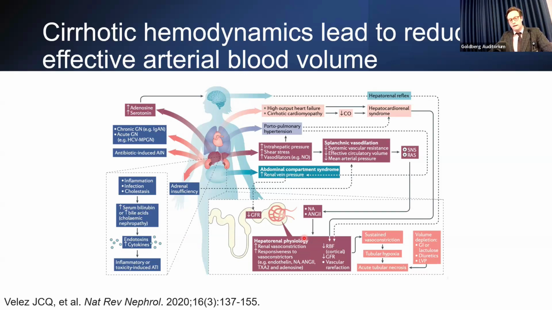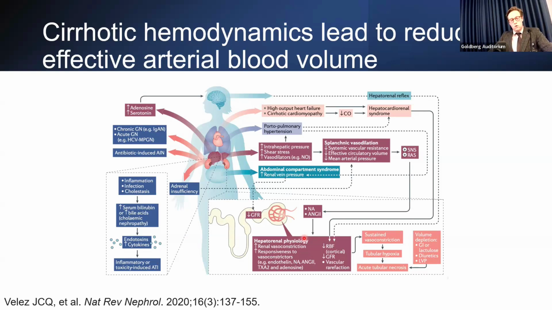That can lead to splanchnic vasodilation, which leads to a vasodilatory milieu mediated by things like nitric oxide. That leads to a high sympathetic nervous system state, and also the activation of the RAS system. That leads to reduced renal blood flow due to renal vasoconstriction.